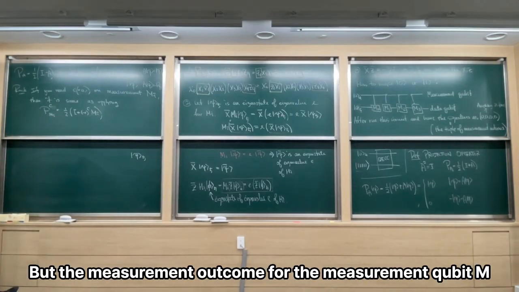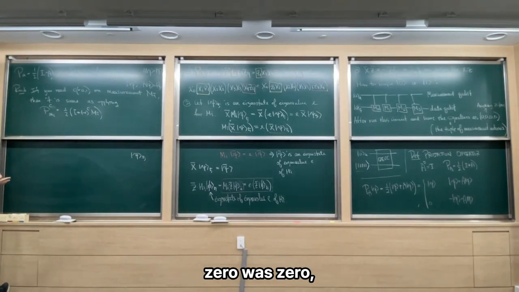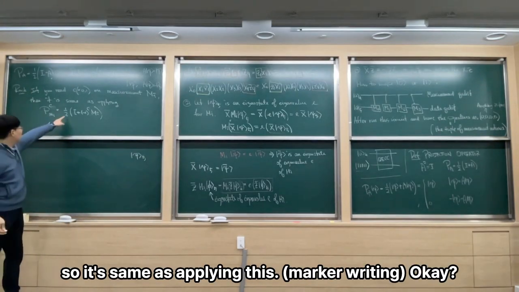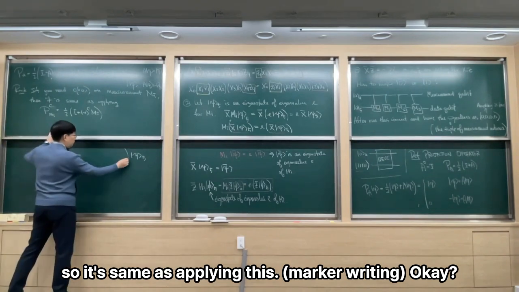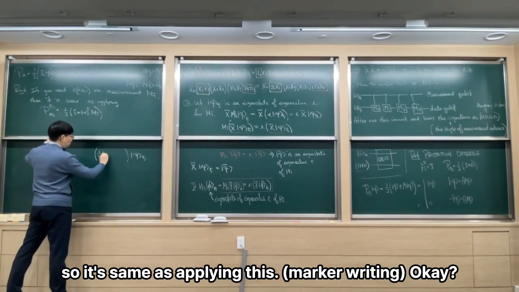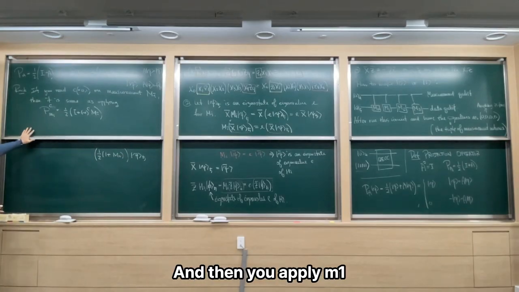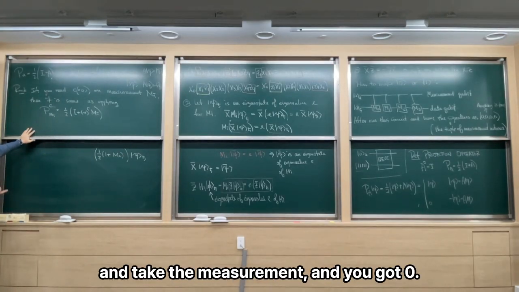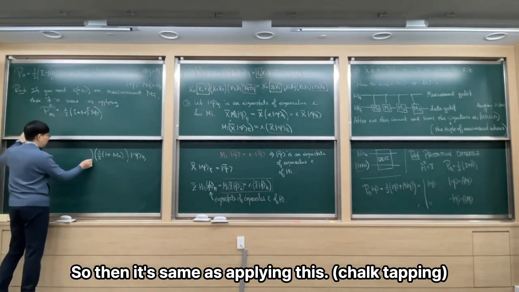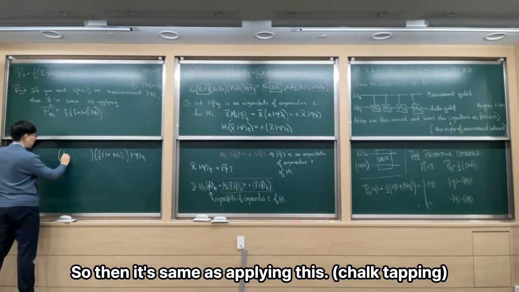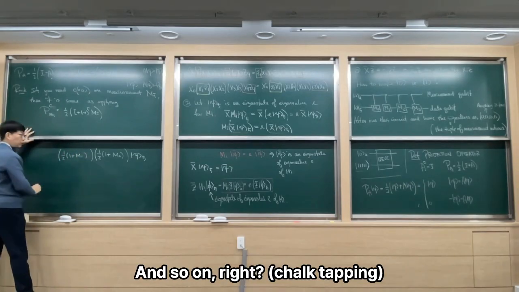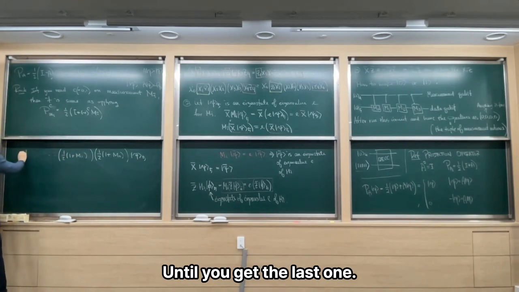But the measurement outcome for the measurement qubit M0 was 0. So it's the same as applying this. And then you apply M1 and take a measurement and you got 0. So then it's the same as applying this. And so on, until you get the last one.